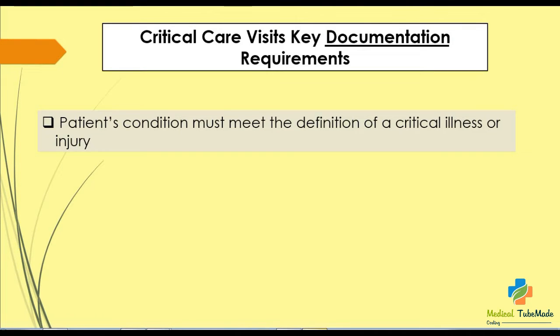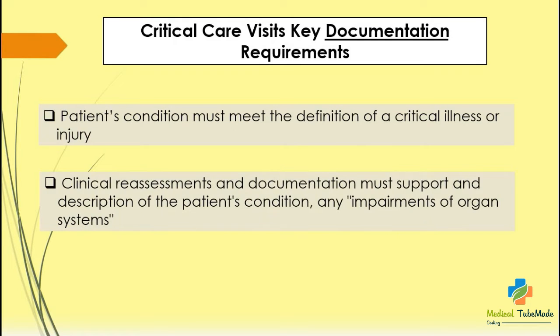Whenever you are billing for critical care services, you need some information in your reports. First, the patient's condition must meet the definition of critical illness or injury. Second, clinical reassessment and documentation must support a description of the patient's condition, any impairment of organ system, like organ system failure, as I explained in my previous slide.